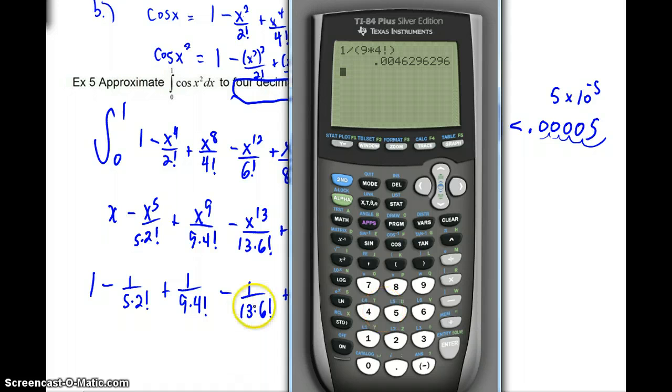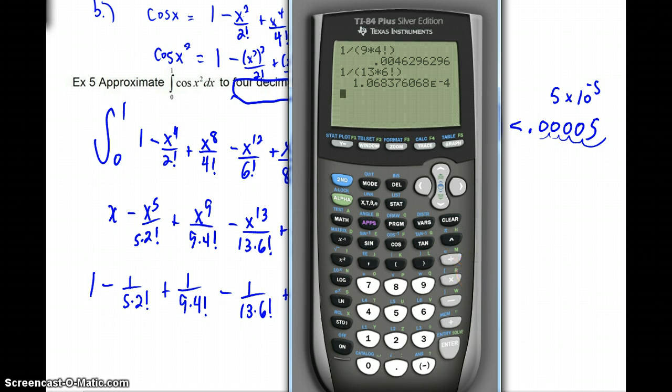We could say, well, what about the 13 times the 6 factorial? Perhaps that would work. We could say second enter, bring that back, and insert over here, perhaps a 13. Is this enough? Well, not quite enough.